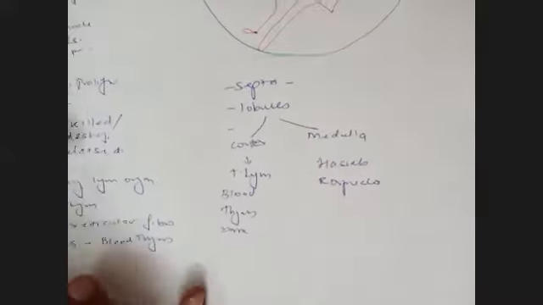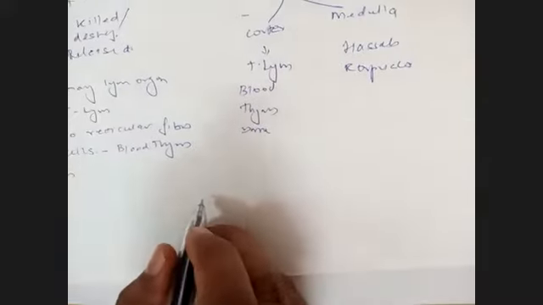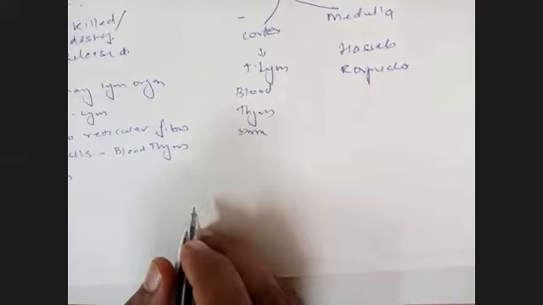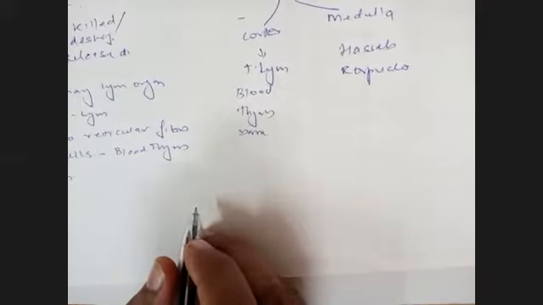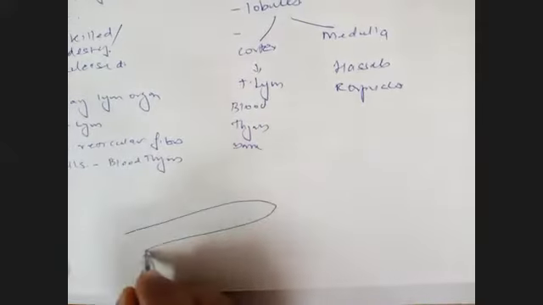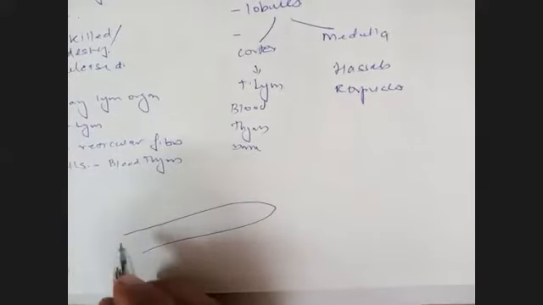Okay. Now what are these reticular cells doing? So suppose this is a blood vessel over here. I'm now drawing a blood vessel, and the blood is flowing inside.